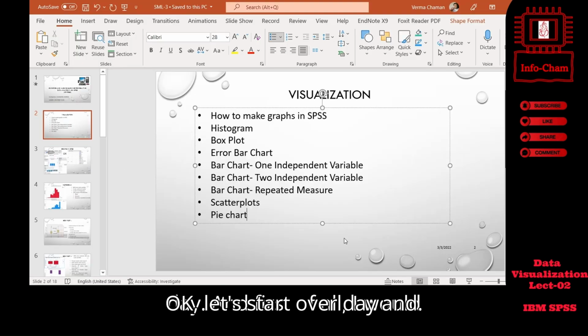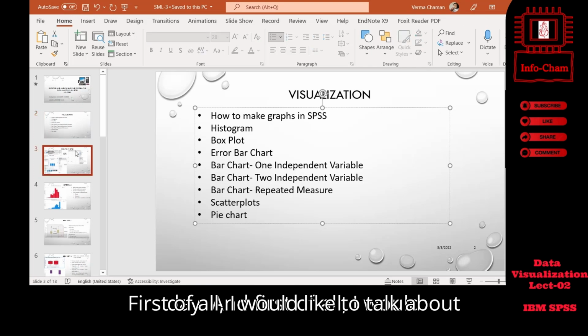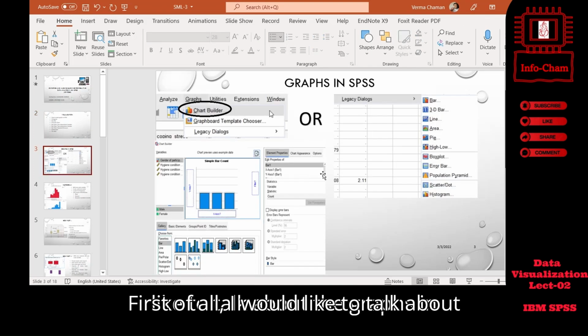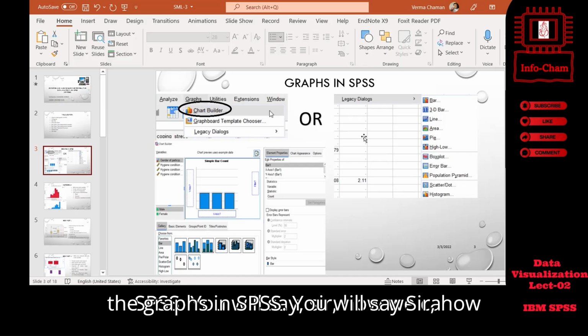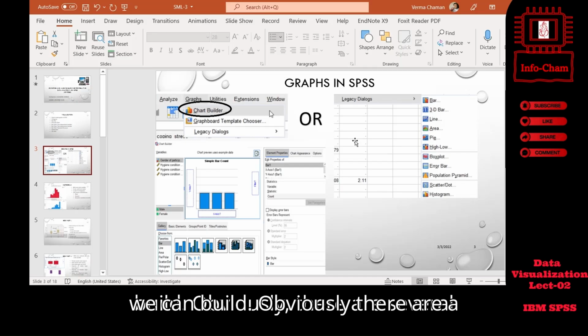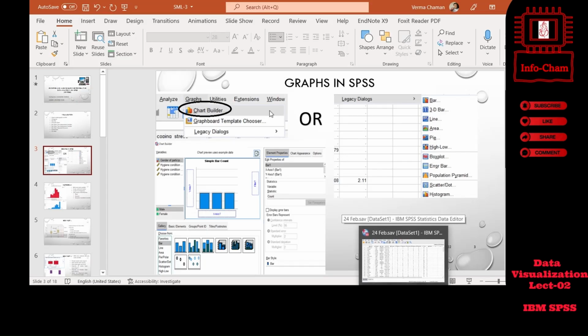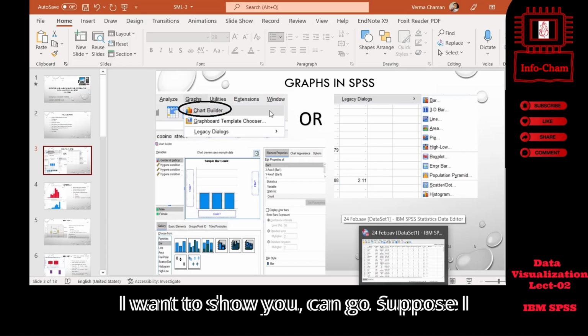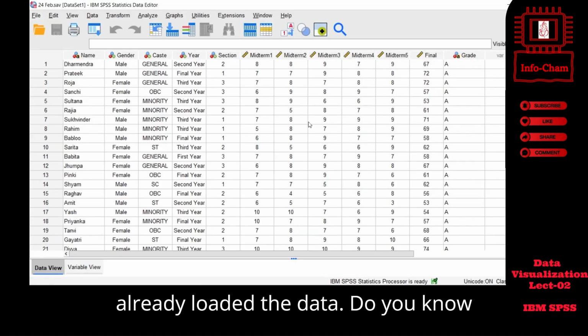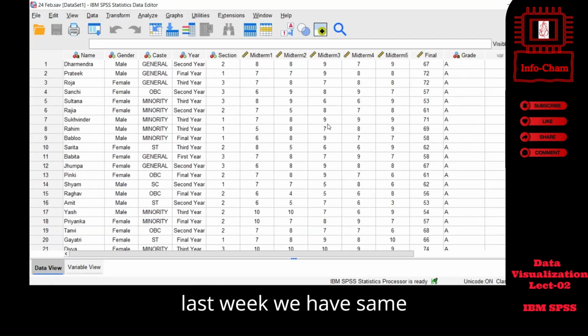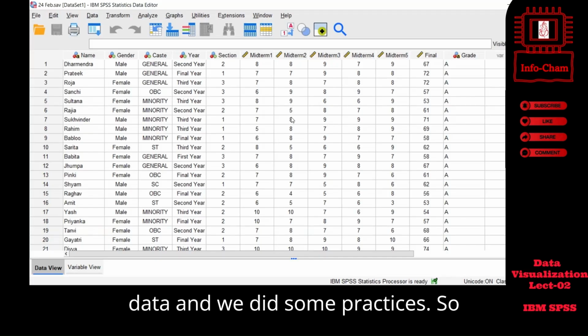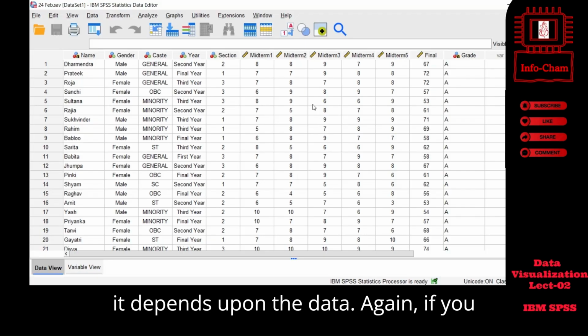Okay, let's start our day. First of all, I would like to talk about graphs in SPSS. You will ask, sir, how can we build them? Obviously, there are several ways, so let me show you. Suppose I have already loaded the data. Last week we had the same data and did some practice. It depends on the data.